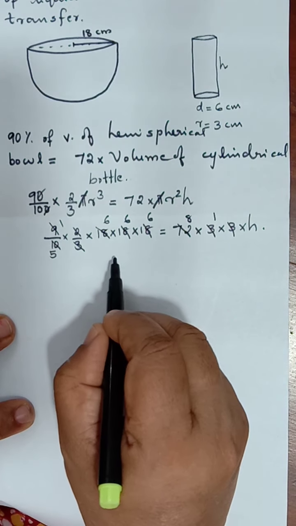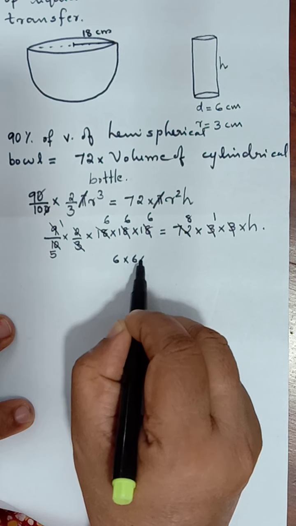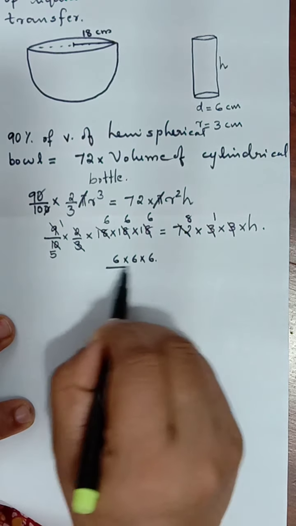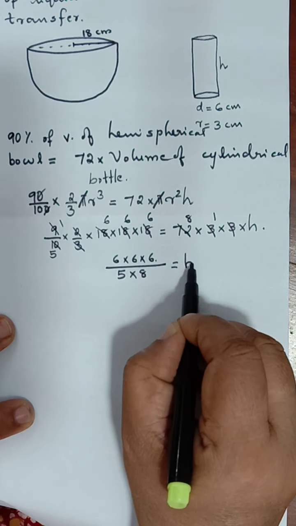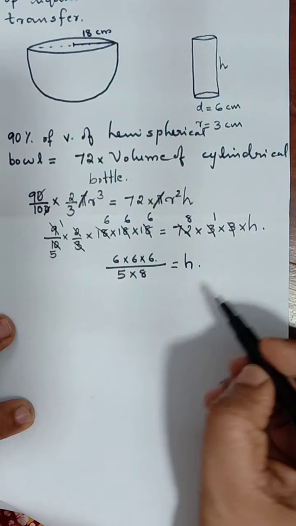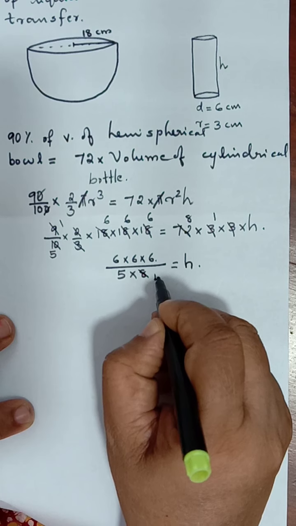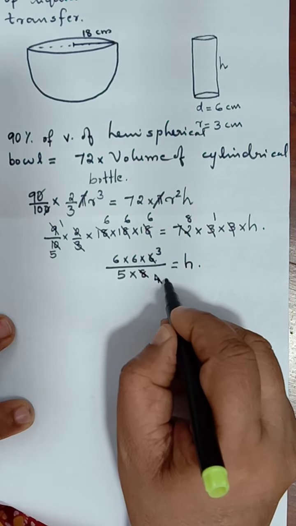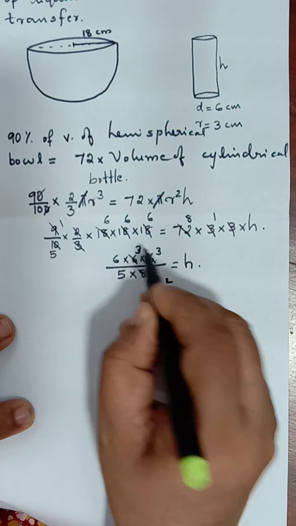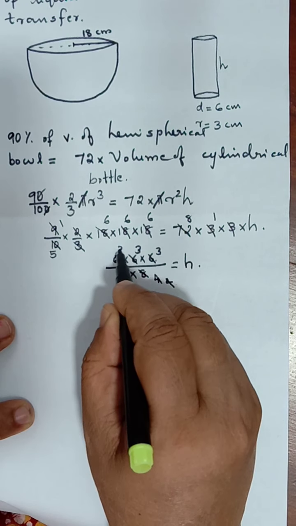Here we will transfer 6 into 6 divide by 5 into 8, that is equal to h. Again by cancelling we will get it as 4. Here it is 3. 2, it is 3. Again this 3.